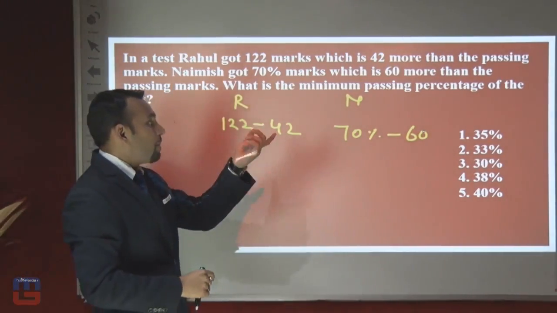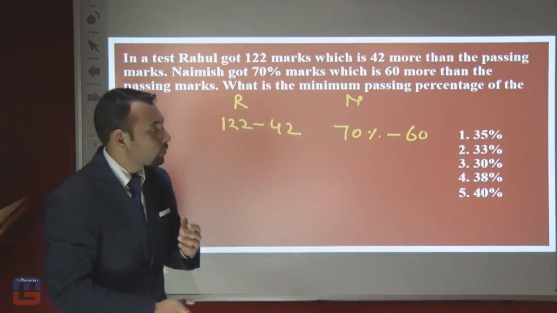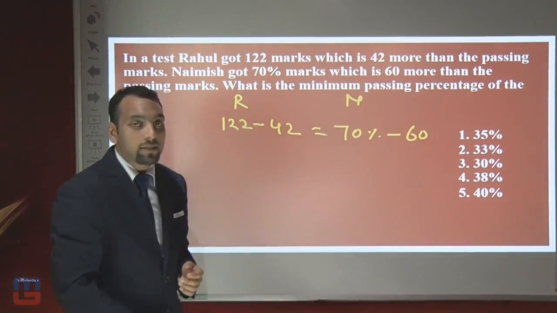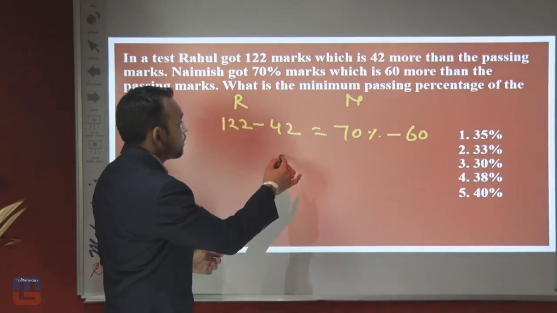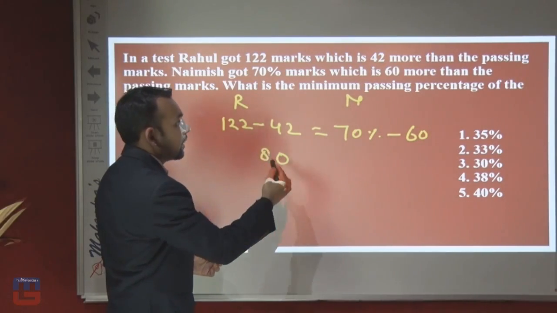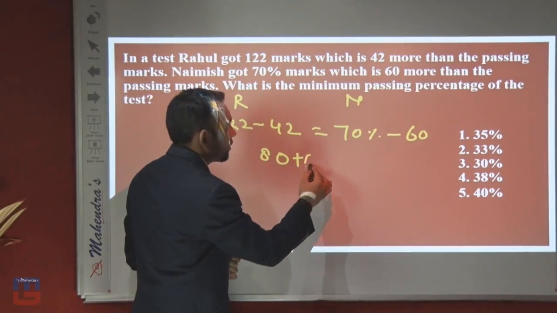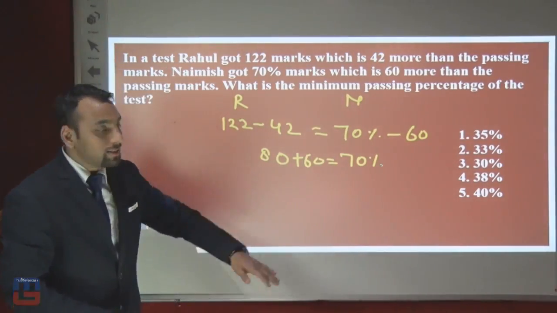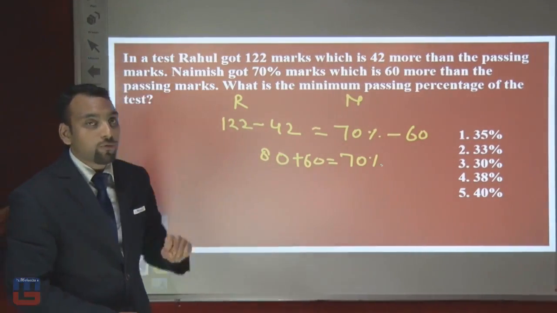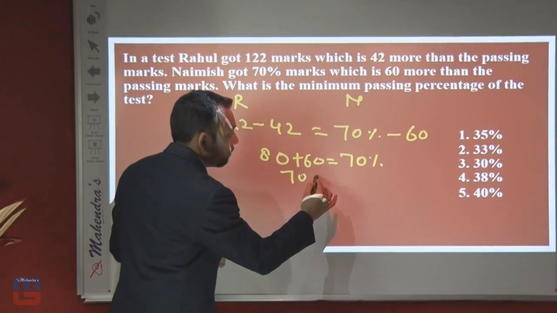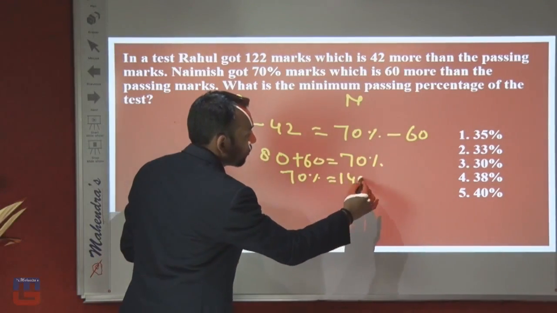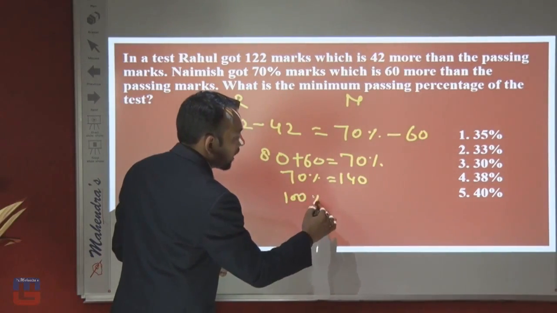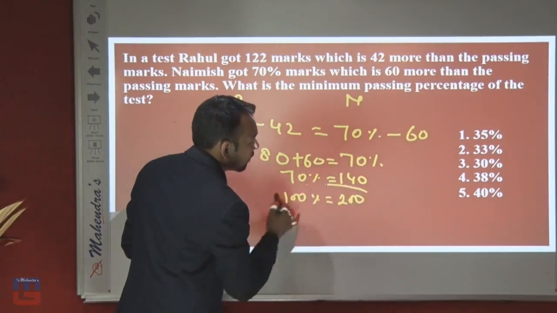Here 122 minus 42 is 80, and in the same way 80 plus 60 will be equal to 70%. Now 80 plus 60 is 140, so 70% will be equal to 140. So directly we can say that 100% will be equal to 200.